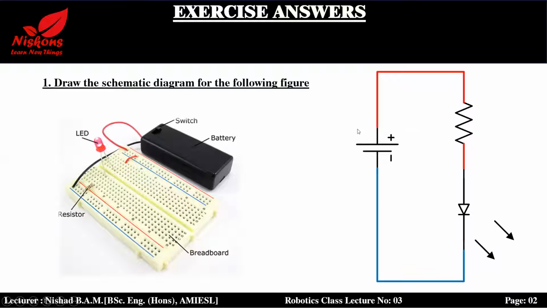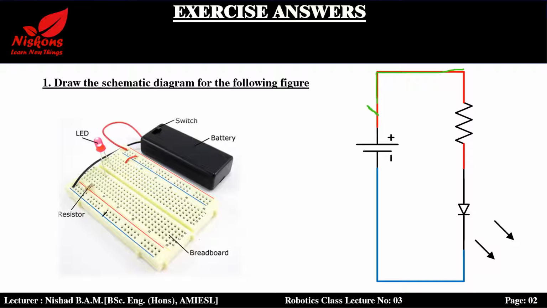We have a battery here, and the battery is connected to the switch. You can also put a switch like this. If you don't consider the switch, you don't have to put it. You can draw a switch here, and then draw the diagram like here, and connect.